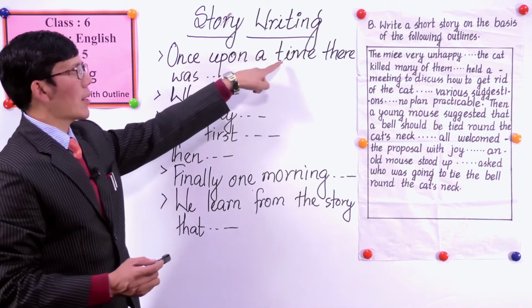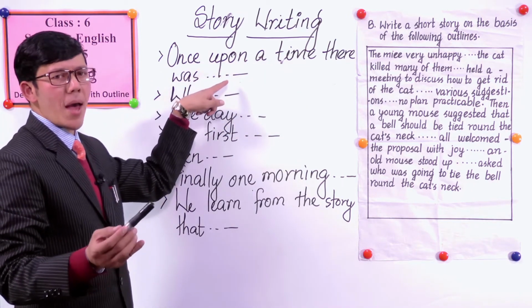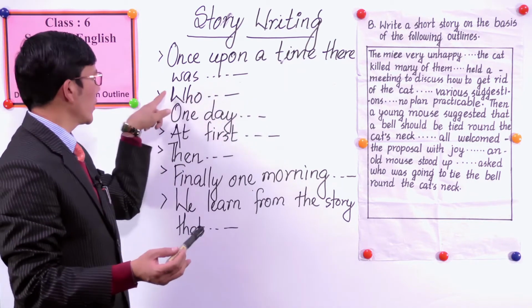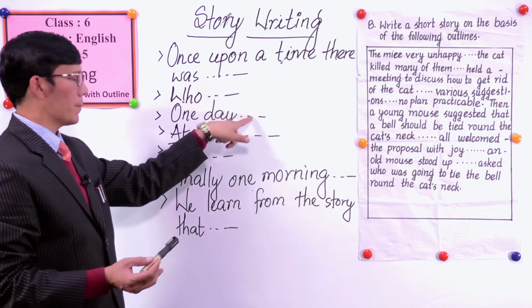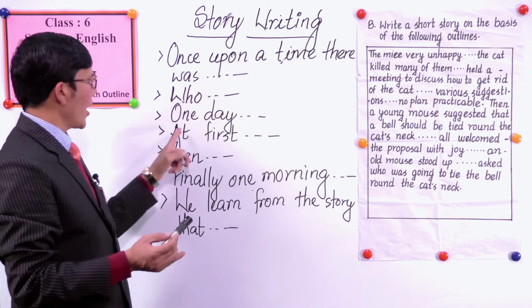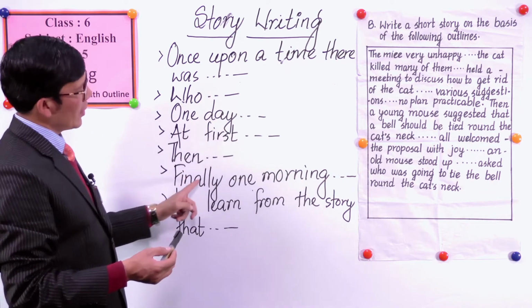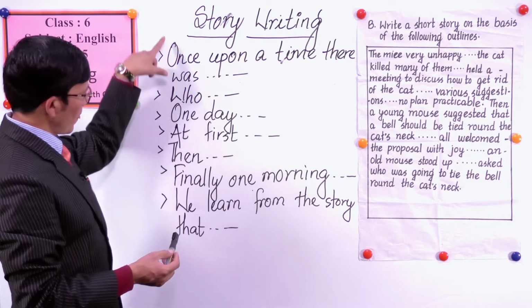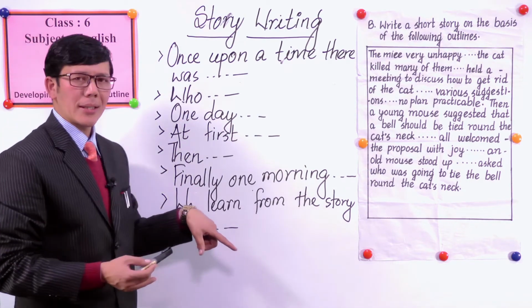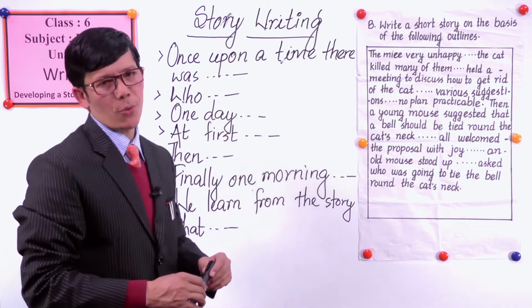Once upon a time there was what? A man, a woman, whatever, who was. We use one day, something happened there. At first, what happened? Then finally one morning, we learn from the story that. Look, these are the expressions that we often use while developing a story.